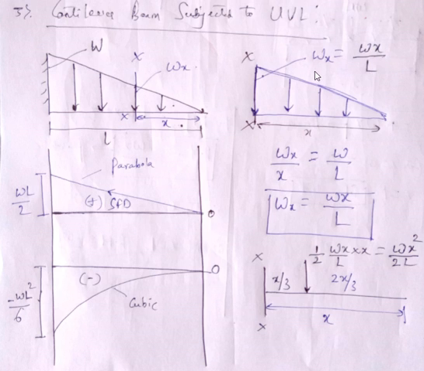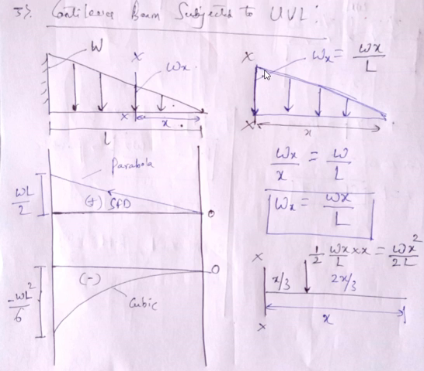Then after finding the intensity of wx at this section XX, the next thing is to convert this UVL into a point load. For that, again we are going to consider the area of this triangle.